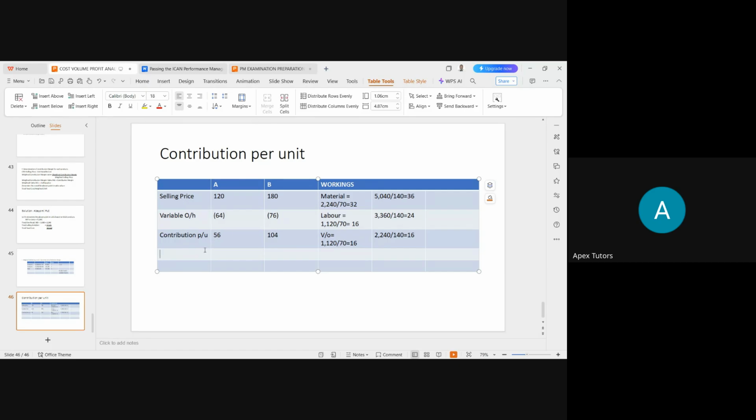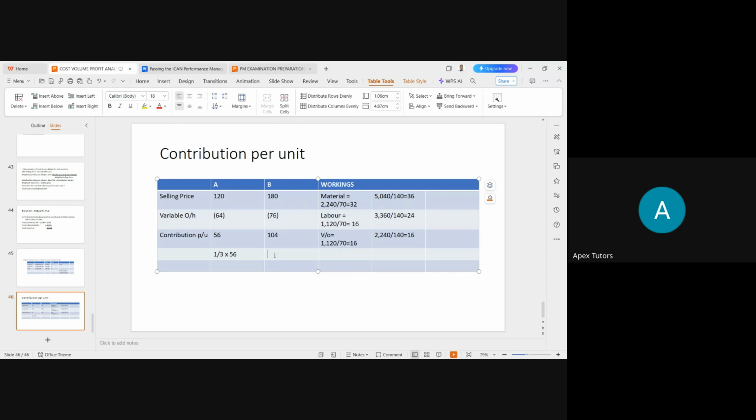What is the ratio for product A? It's 1/3, that is in relation to the total. So the sales mix for product A will be 1 divided by 3 multiplied by 56.